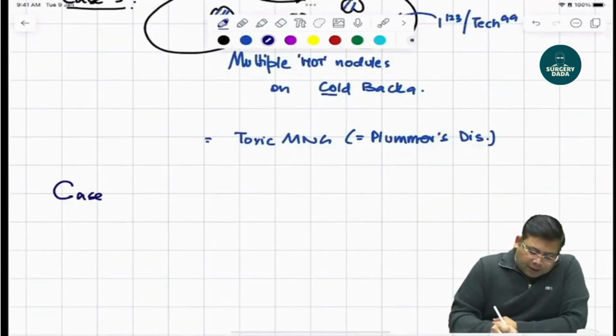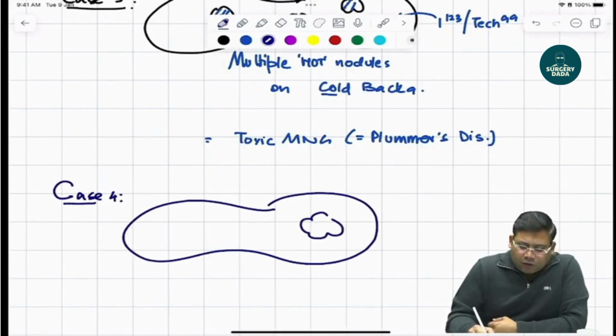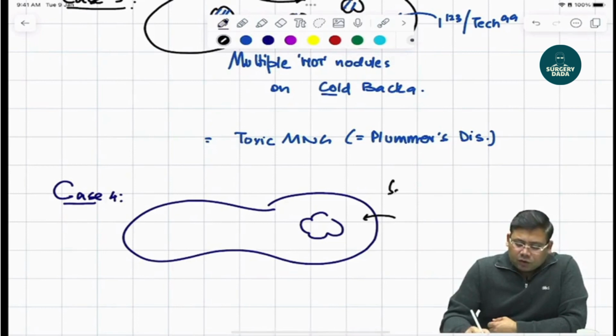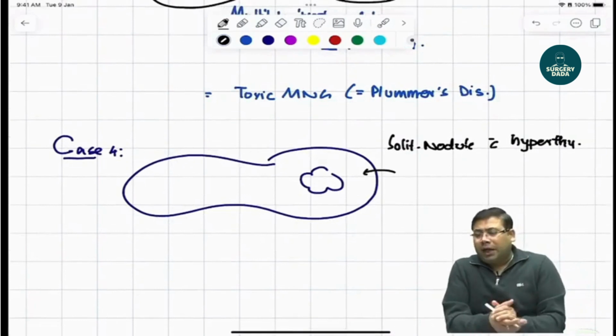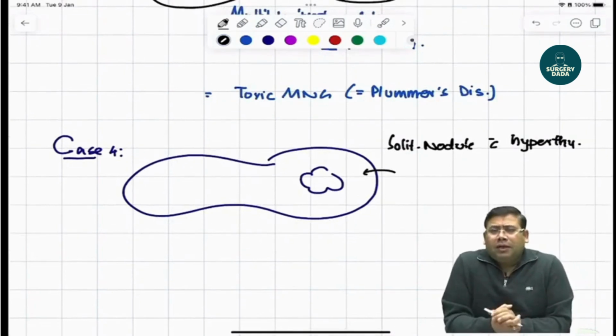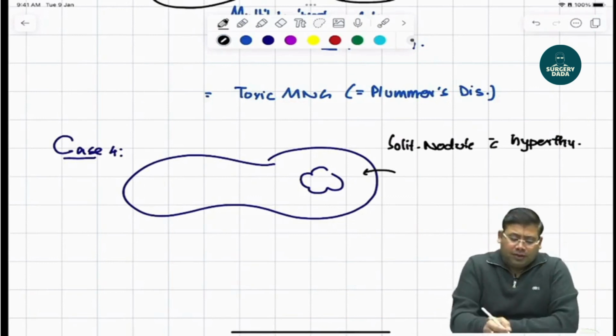The case scenario number 4, let us understand. We have a gland, we have a nodule, and now the patient is having hyperthyroidism. So solitary nodule with hyperthyroidism. Now whenever we have a case of solitary thyroid nodule with hyperthyroidism, we want to understand whether this gland is hyperfunctioning or the nodule is hyperfunctioning.